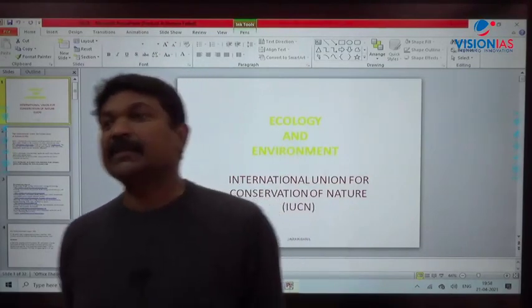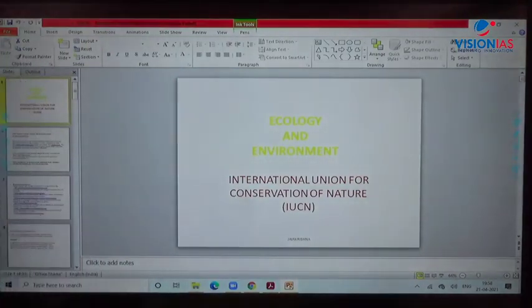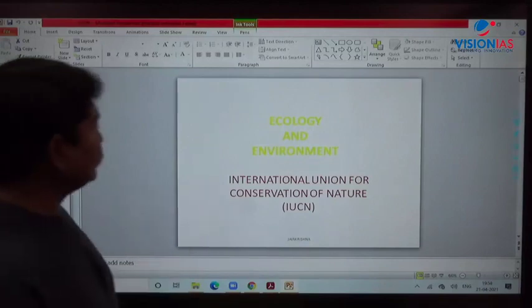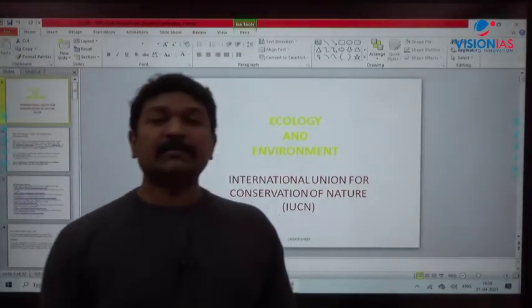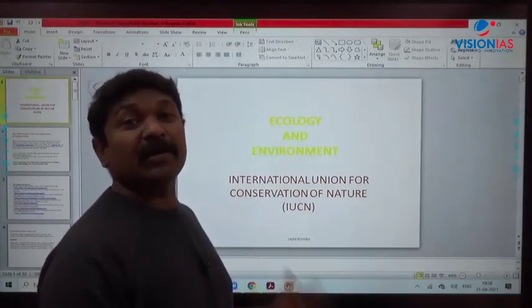Then the third organization, write down some of the organizations, come on. Botanical Survey of India, Zoological Survey of India, then Forest Survey of India. The Forest Survey of India is also a member organization.